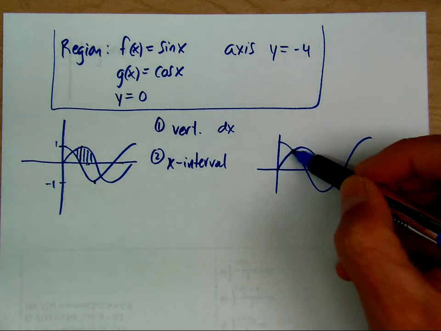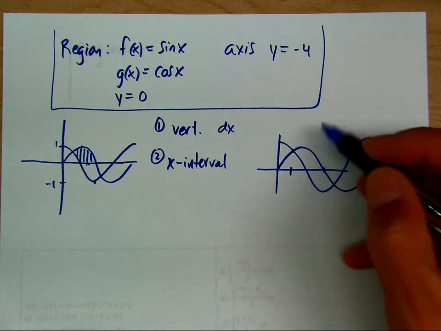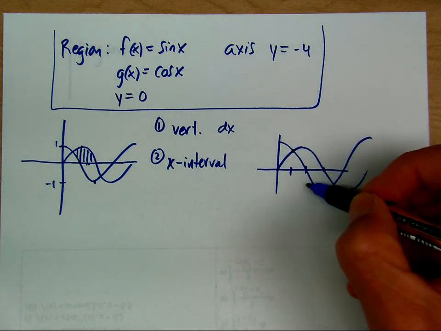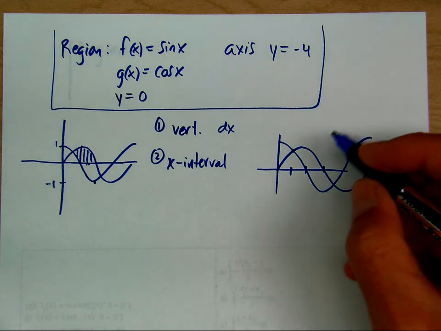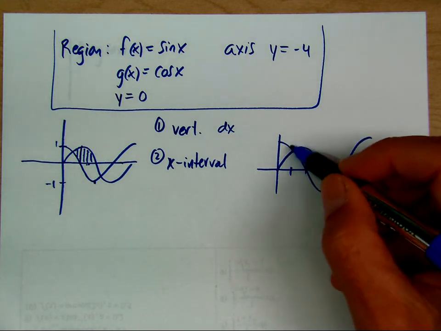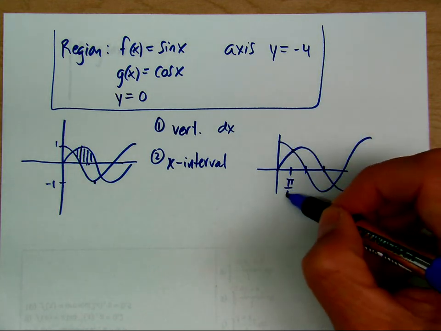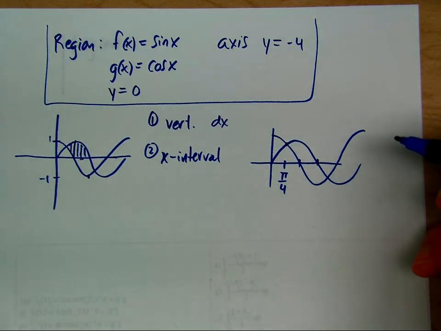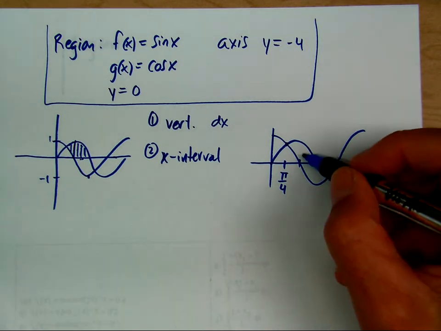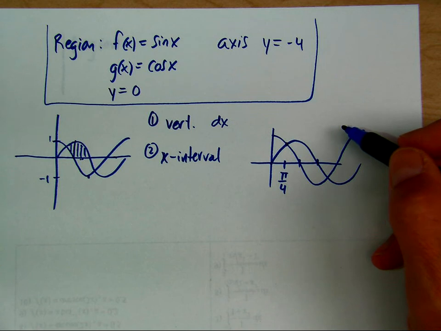We need to find that intersection, and we know that point. Sine and cosine intersect at pi over 4. If you didn't know that, you could look at a graph or solve the equation sine equals cosine.